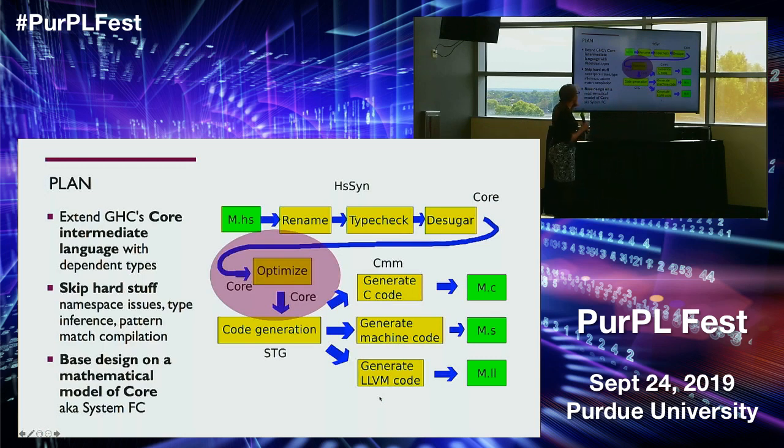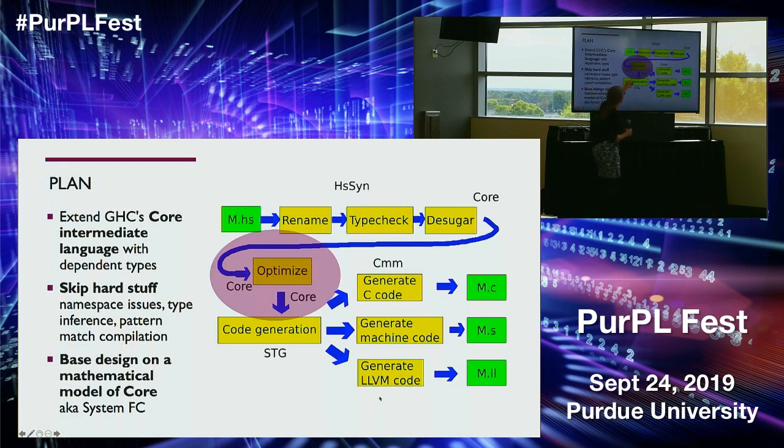So if we're going to extend Haskell, a good place to start is by first extending Core. Why is that? Well, first it lets you skip the hard stuff at first. You do have to come back to the hard stuff, but you don't get stuck on things like namespace issues or pattern match compilation, things that aren't quite what you want to think about at that point.